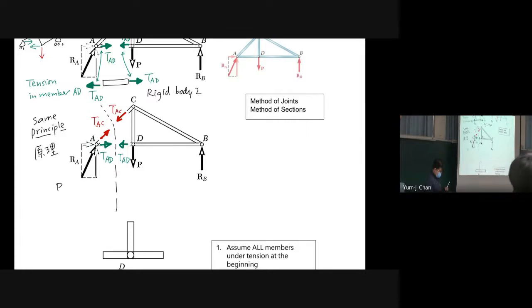Let me call them rigid body A and rigid body B, C, D. Because it is in equilibrium, go ahead, take some time to draw it first.